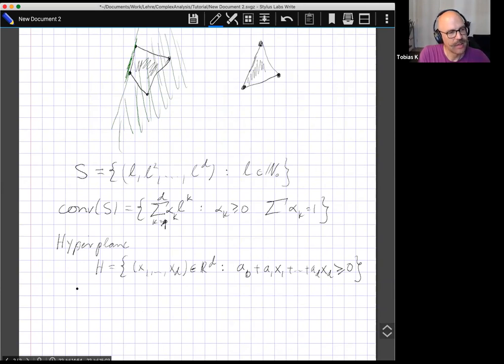And now, what does it mean that the convex hull of S is a subset of H? That is nothing else than to say that S is contained in the half space. What does it mean? It means that I have to check that each point is inside.